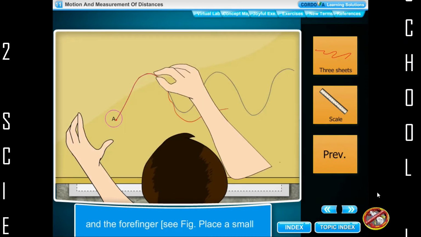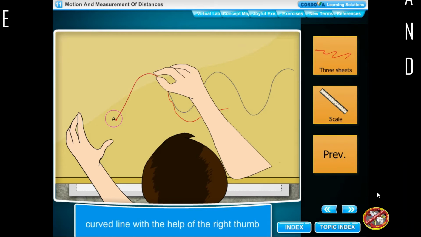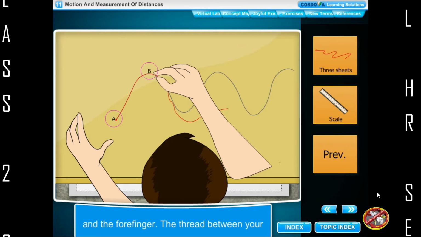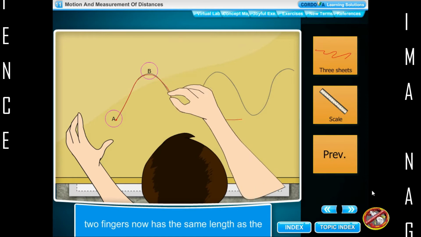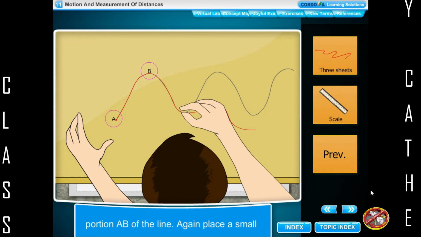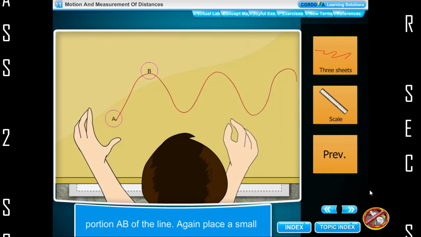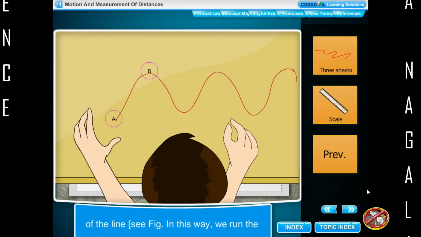See figure. Place a small portion of the thread exactly along the curved line with the help of the right thumb and the forefinger. The thread between our two fingers now has the same length as the portion AB of the line. Again, place a small portion of the thread along the next portion of the line. See figure.